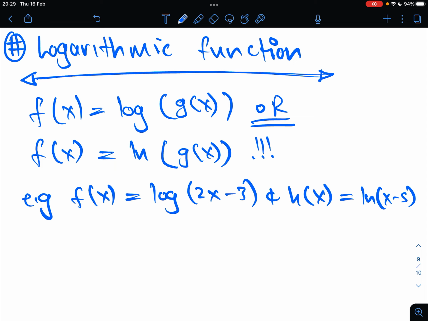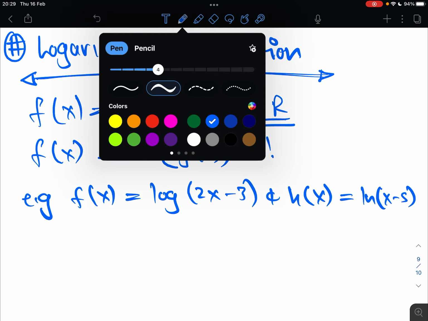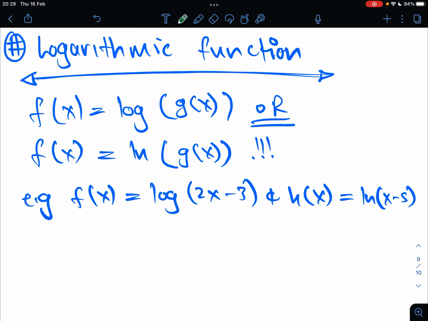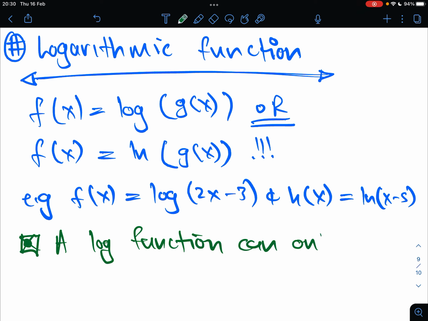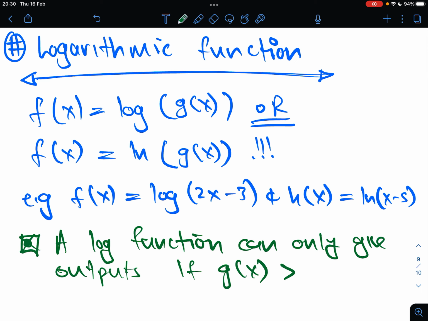All these things are examples of what we call logarithmic functions. So what is it that you should know about a logarithmic function? This is what you should know. You see that? A log function can only give outputs if g of x is greater than 0, which means now we don't have an equal to.